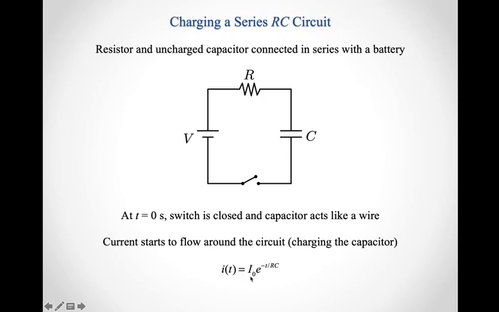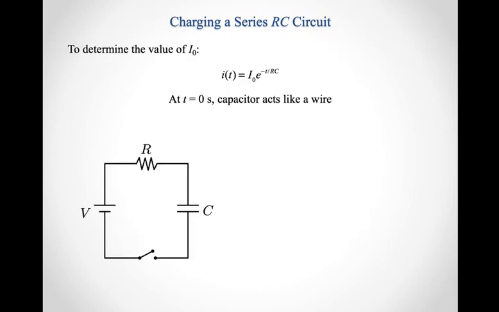Again, that's some value that doesn't change, times this exponentially decaying function, e to the negative t over RC. Time changes, R and C do not. The resistance of the resistor stays the same. The capacitance of the capacitor stays the same.